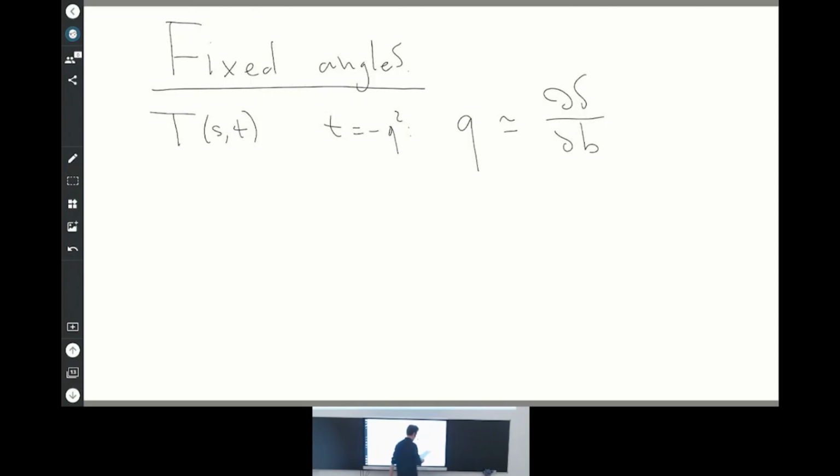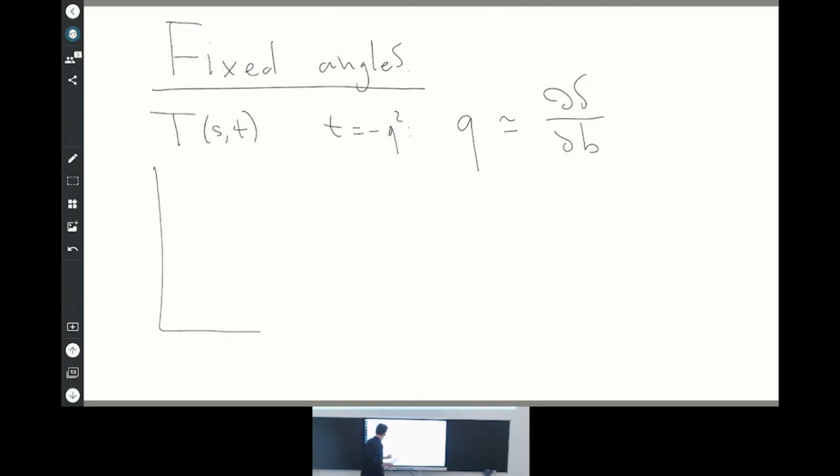And before we studied this saddle point for the tree-level scattering, and so you can study this saddle point in this regime of stringy scattering, and what you find is that it looks like this.